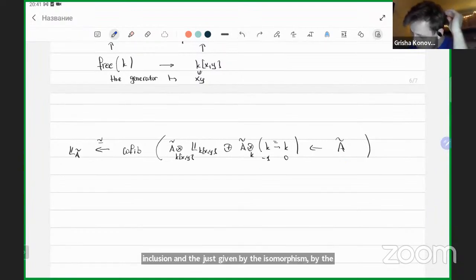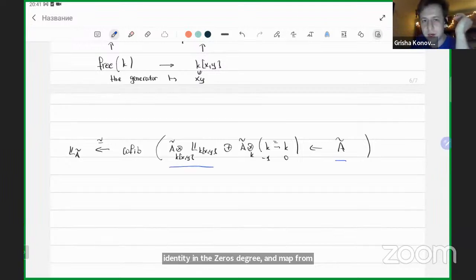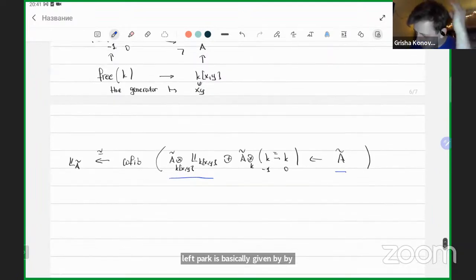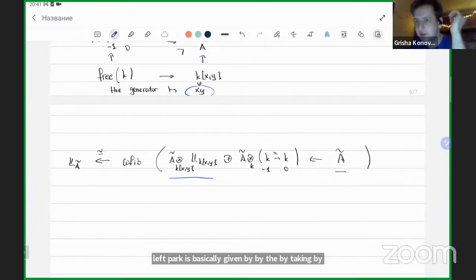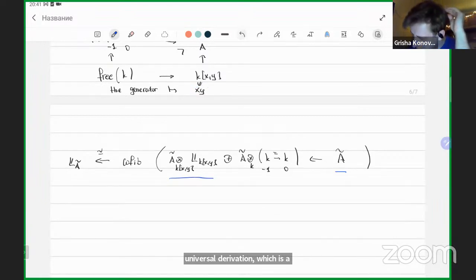And the map from here to the left part is basically given by taking this element and evaluating the universal derivation, which is a derived differential, on this element. So let me write it. Yes.